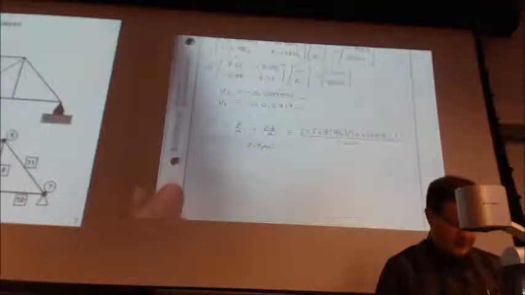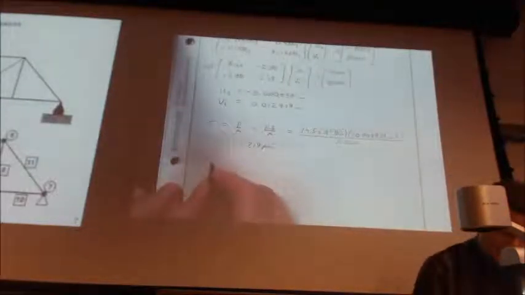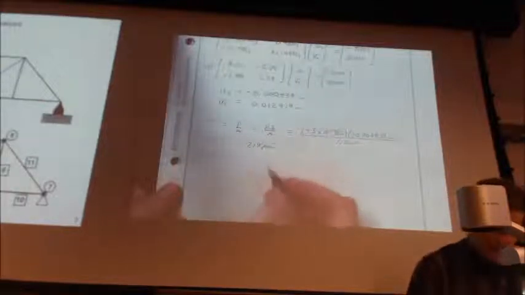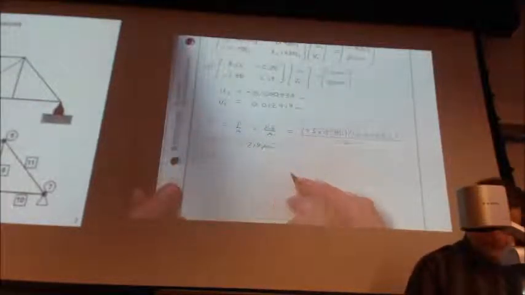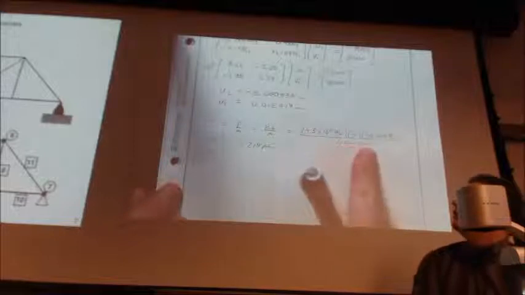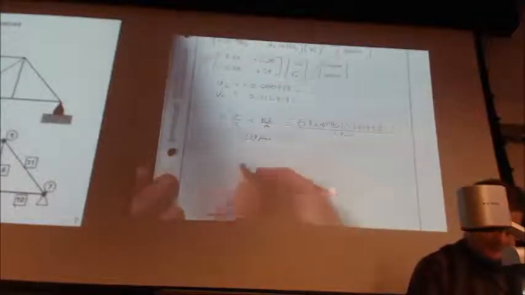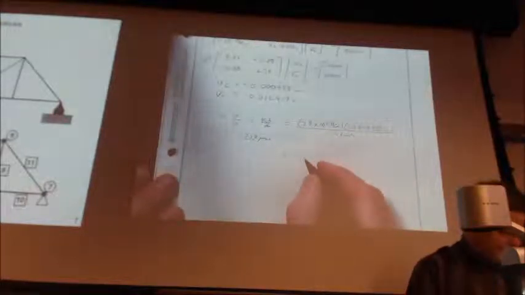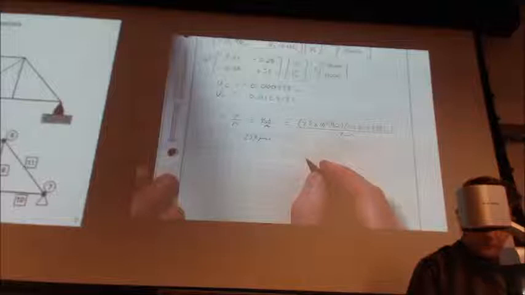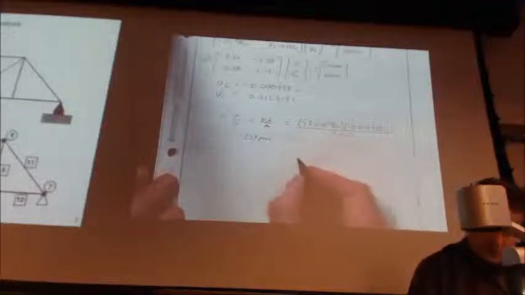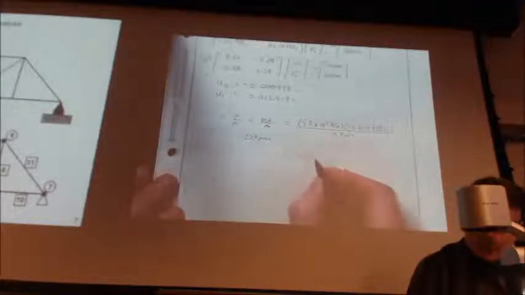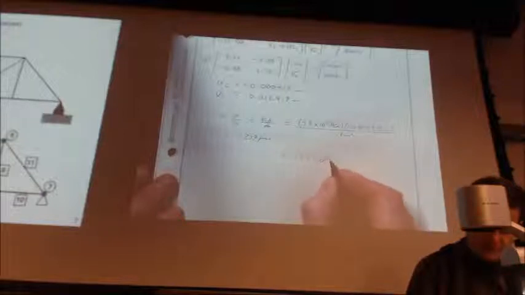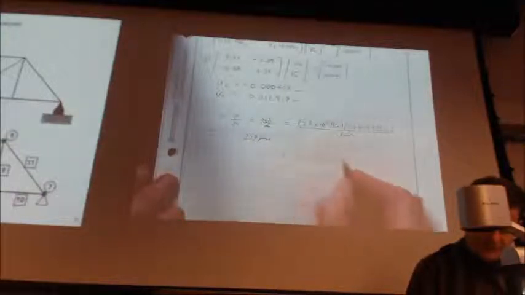Okay, so what are we going to do for sigma 2? What's that going to look like? What values should I plug in for our equation there? Our K2 value is 2.5. Okay.